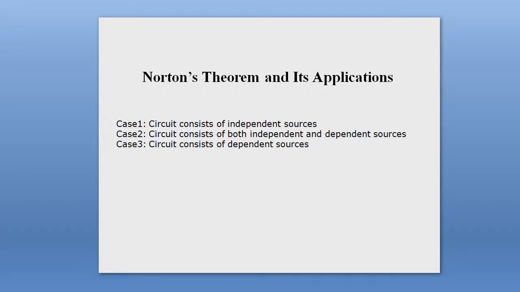Let me repeat what Norton's theorem is. Norton's theorem states that a two-terminal active circuit consisting of several energy sources, maybe voltage source or current source, and resistances can be replaced by an equivalent circuit having only a single current source and a single resistance connected in parallel to the current source.